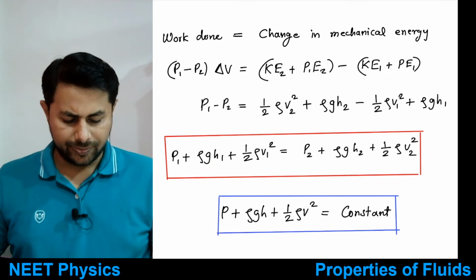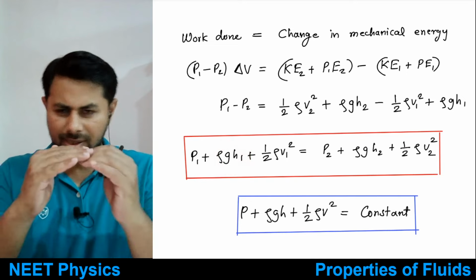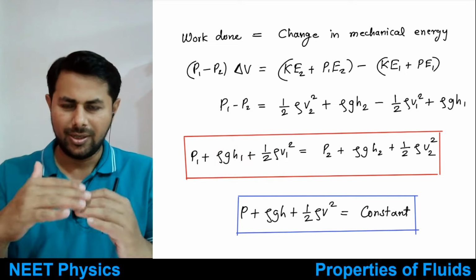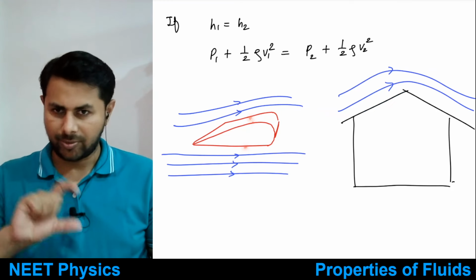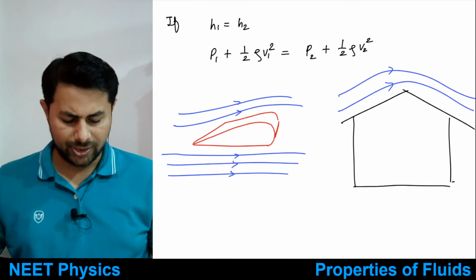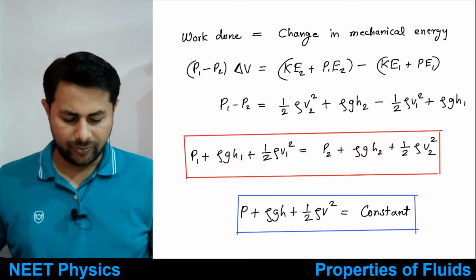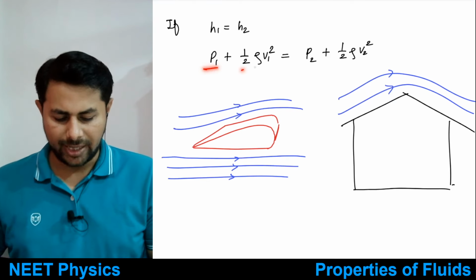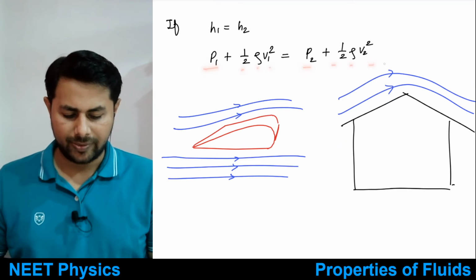Now see, the density of air is not much, so there is only a little height difference between the surface at the top and the surface at the bottom of the wing. So the rho g h term would be very, very small, and you can just neglect it. What remains is P1 plus half rho v1 square is equal to P2 plus half rho v2 square.